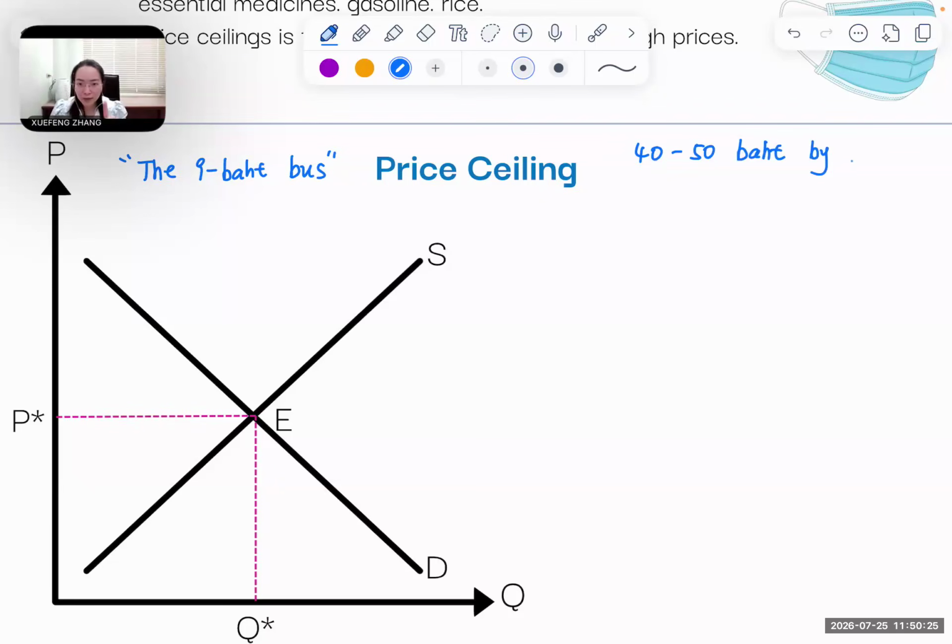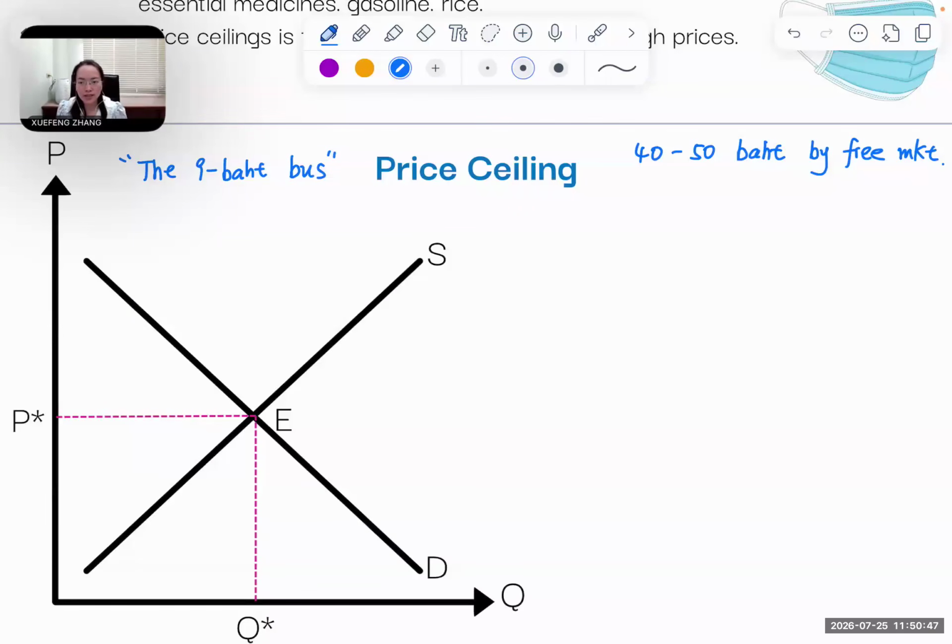By free market, poor workers couldn't afford to go to work every day. So the government says bus price cannot go above 10 baht.